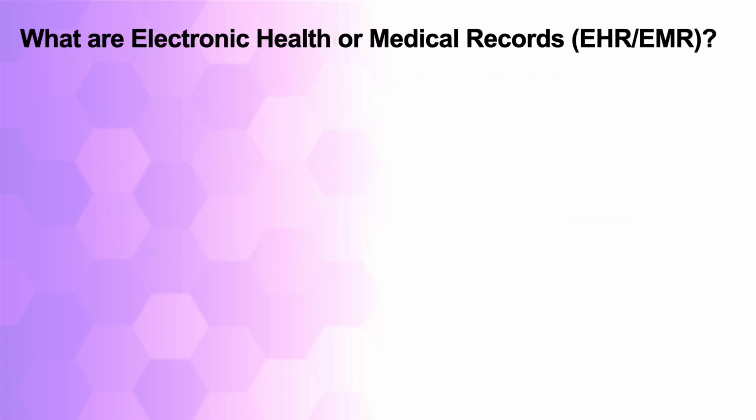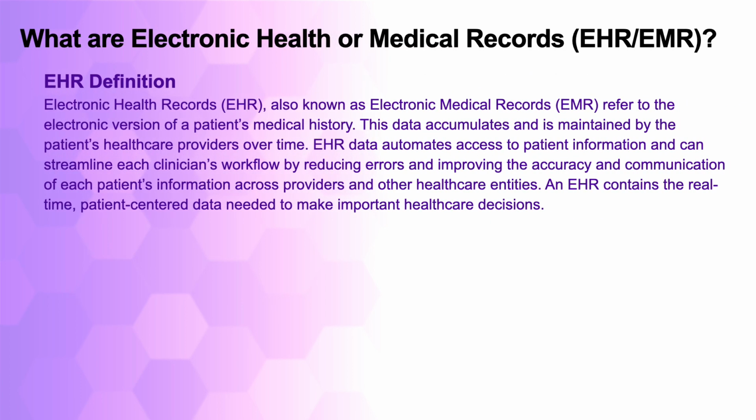Let's begin by gaining a better understanding of electronic health records. Electronic health records, or EHR, are also sometimes referred to as electronic medical records, or EMR. This healthcare data refers to the electronic version of a patient's medical history. EHR data accumulates and is maintained by the patient's healthcare providers over time.